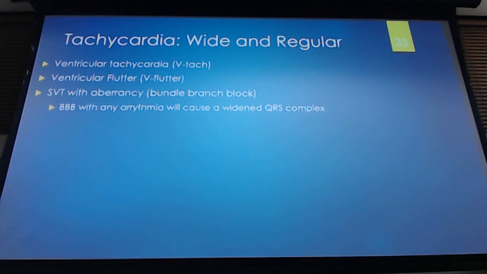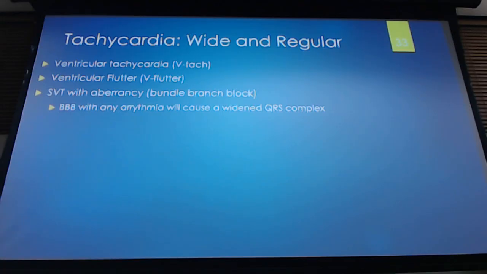Tachycardia, and now we have wide and regular. Again, the QRS complex is wide, greater than 3 small boxes, greater than 0.12 seconds. We have VTAC, ventricular flutter, or SVT with a bundle branch block.